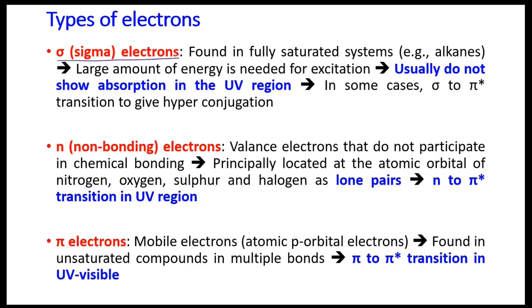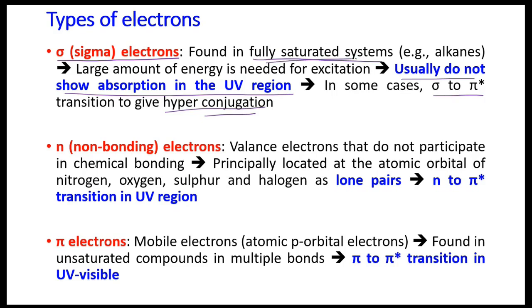Then the types of electrons. Sigma electrons usually do not show absorption in the UV region. In some cases, sigma to pi star transition results in hyperconjugation, and they are usually found in fully saturated systems.